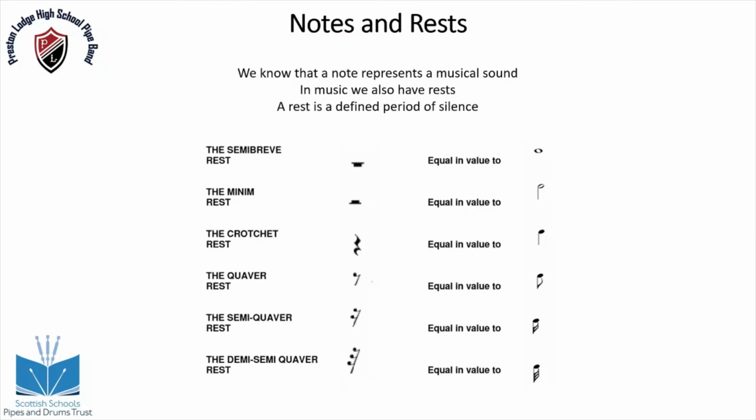And I'm going to do that just now. And I'm also going to draw my minim rest next to my minim as well, because it's quite an easy one to draw. And for the lower levels of the qualifications, you don't really need to be able to draw out the rests.